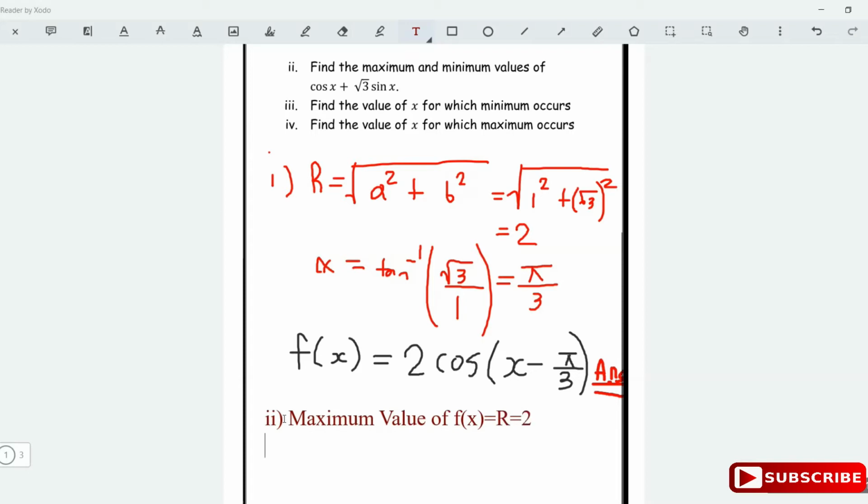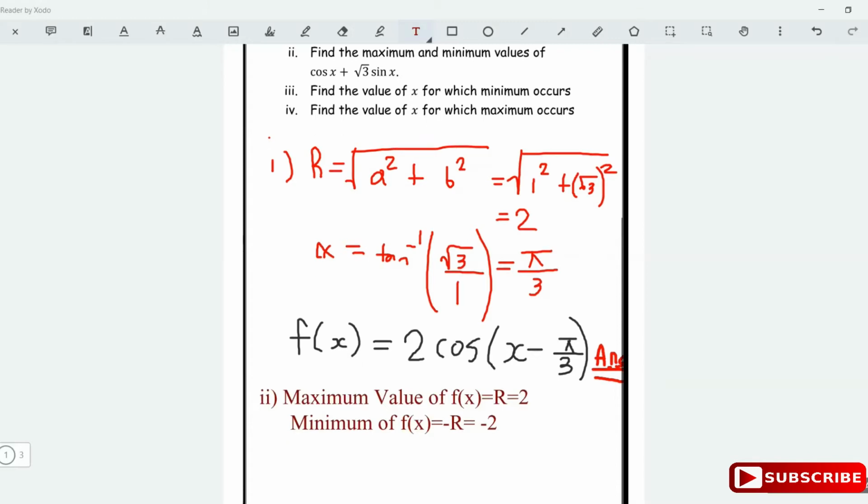The minimum value of f of x is equal to minus r, so that is negative 2. So the maximum value is 2, and the minimum value is -2.